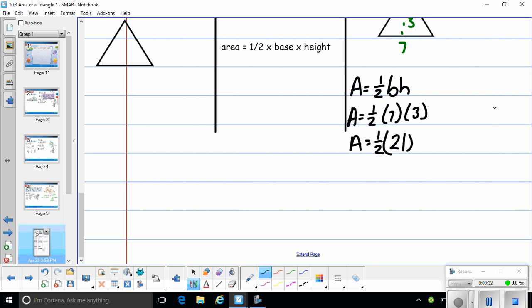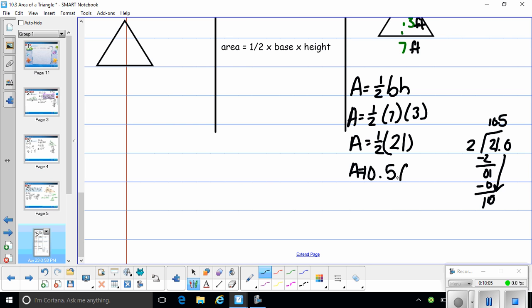And so I'm going to go ahead and do my doodle math. Two can go into 10. And so my area equals 10.5. And let's go ahead and just say that this is feet. This is feet, and so it would be feet squared. Once you have this all copied down, continue to hit play.